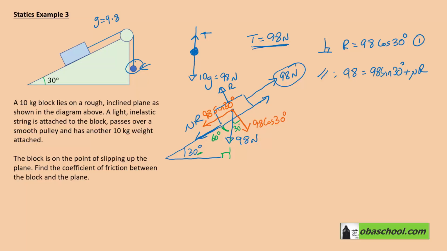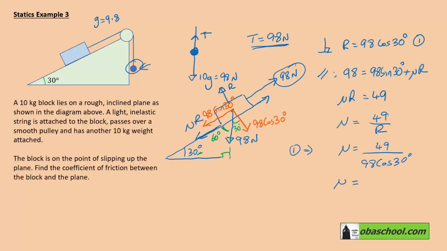Sin 30 is a half, so 98 sin 30 is 49. Take away 49 from each side, and we get mu R is equal to 49. So mu is equal to 49 divided by R, and then using 1, we get that mu is equal to 49 over 98 cos 30.